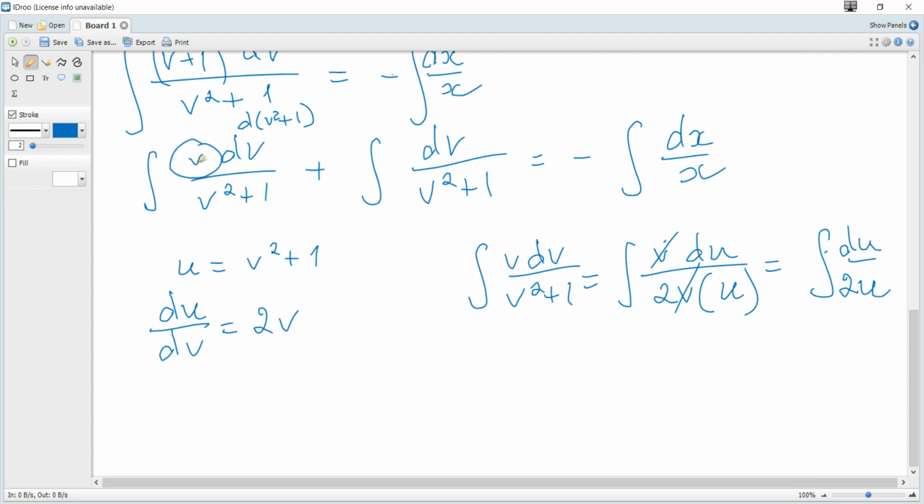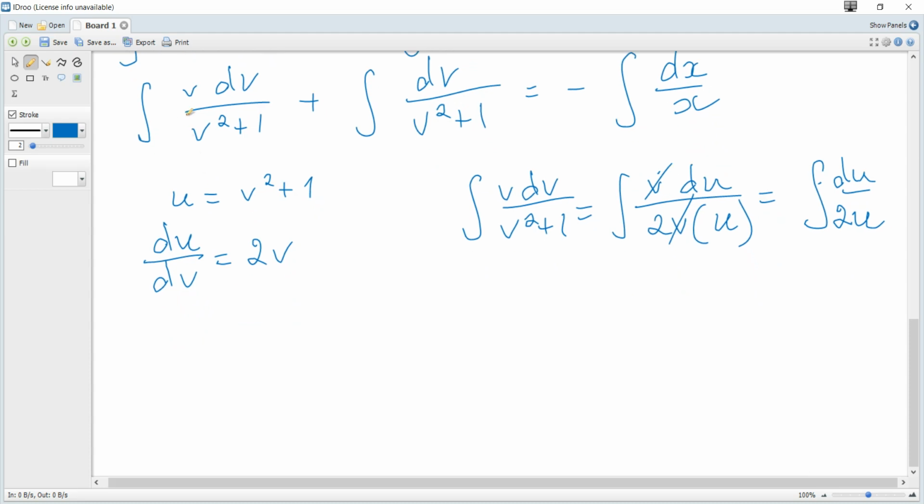But there is only v, so 2v arises, so we should compensate this 2, so it becomes d of v squared plus 1 over 2 times v squared plus 1. And actually this v squared plus 1 is our substitution u, it's called the inverse chain rule. If you notice this, you may write the answer directly or use the usual substitution, u as usual.